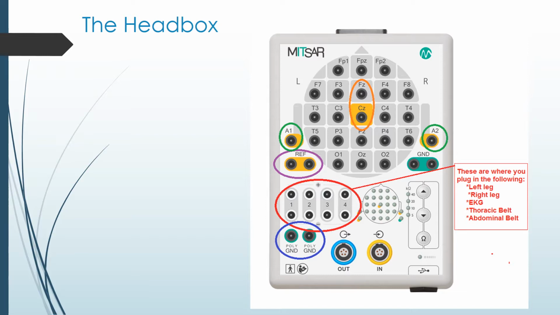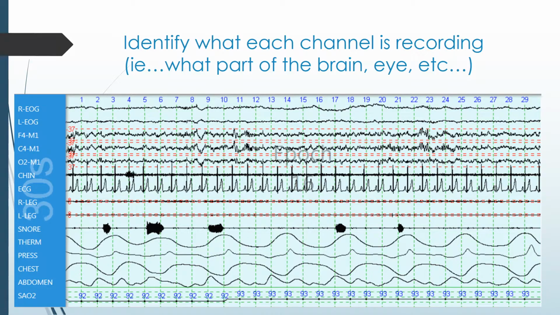Also, this is typically where you need to put your thoracic and abdominal belts, and you maybe even need to put your thermistor in this one as well. Again, that's going to depend on your system that you work with. Oh, and EKG would go in this one as well. So again, that's going to depend on the system you work with. Okay, let's go on to our next slide.